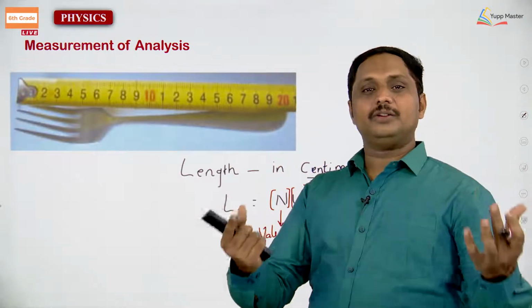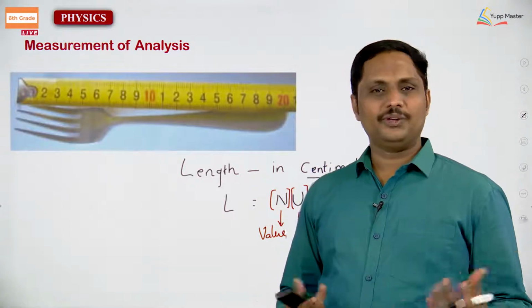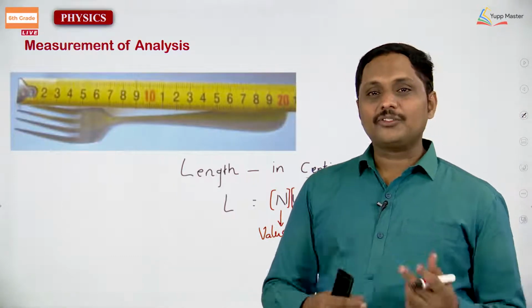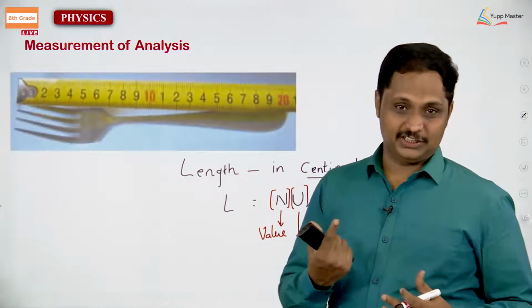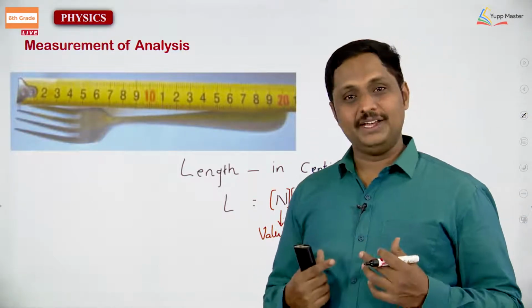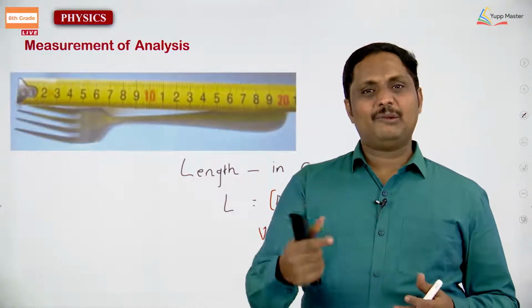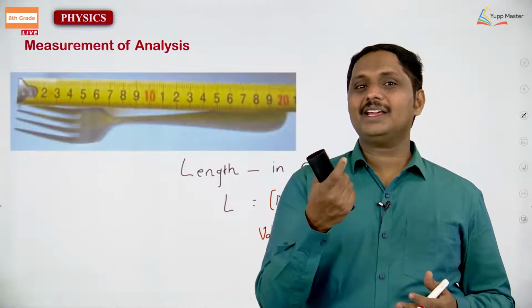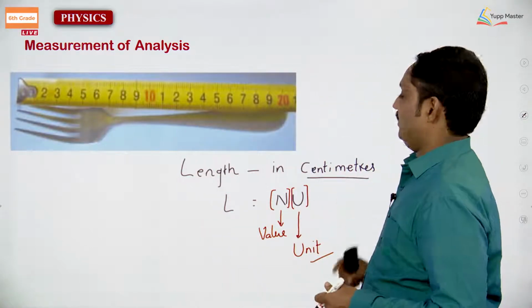If you ask for some amount of sugar, he won't give it; he will ask you how much. In order to represent the quantity, you need some unit: grams, kg, different units.